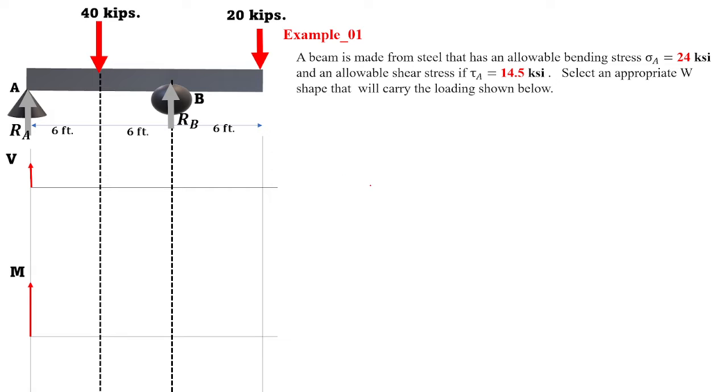So let's put it into an example. A beam with two simple supports, RA and RB, handling two concentrated loads at different distances, 40 kips and 20 kips. We know it's a steel beam, and sigma allowable and tau allowable are respectively 24 ksi and 14 ksi.